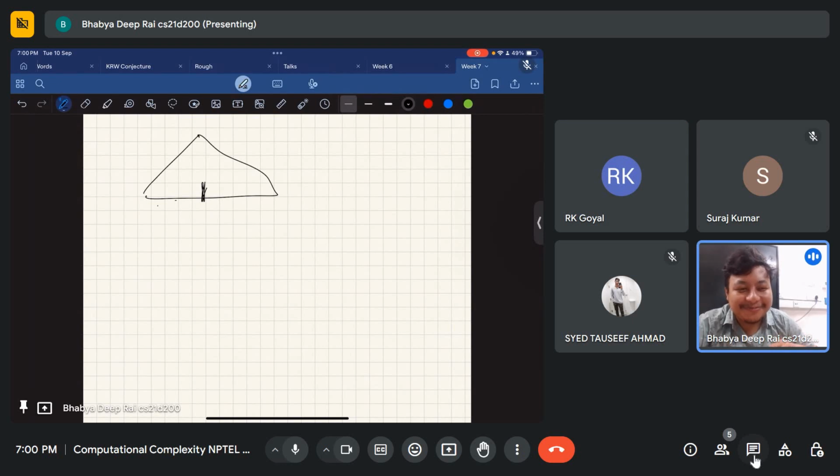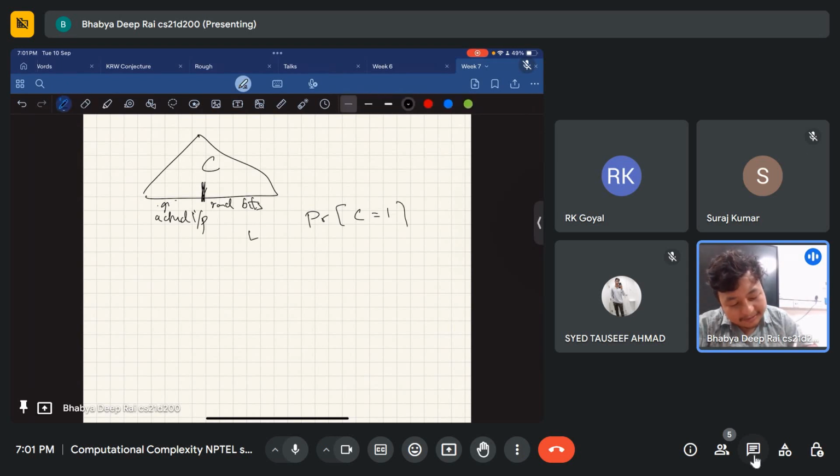So these are random bits, and this is the actual input, and this is circuit C. If the random bits are taken from a uniform distribution, then if x is in L, the probability that C outputs 1 on x over the random bits should be greater than or equal to 2/3, or whatever. So this is one way to characterize randomized circuits.